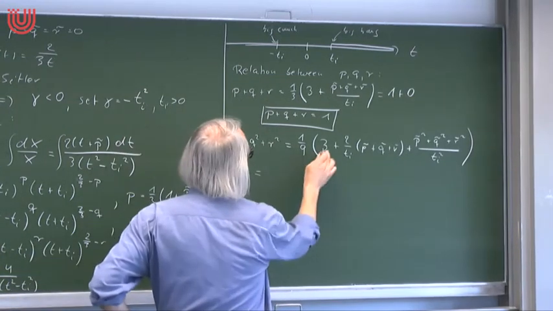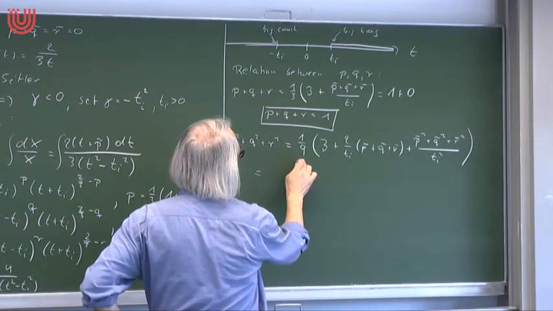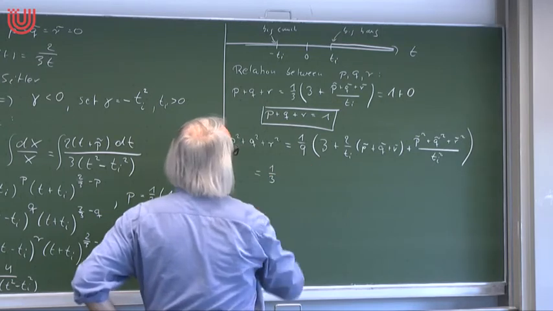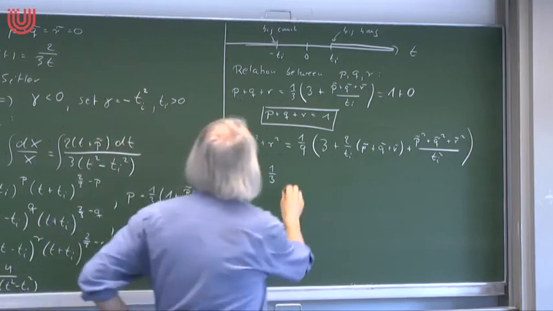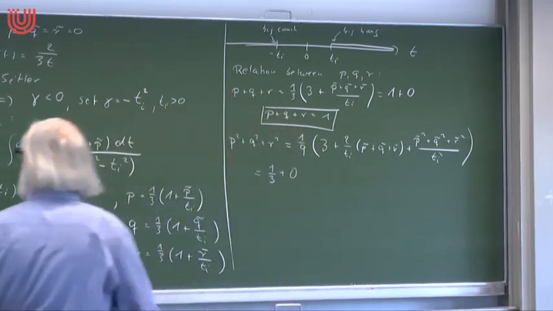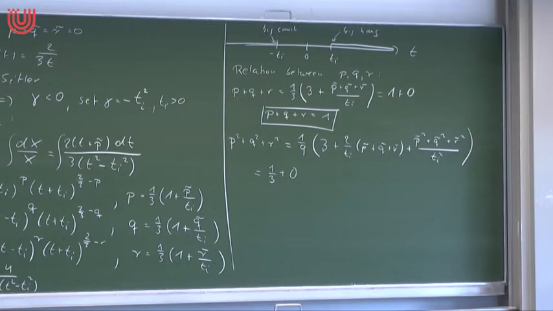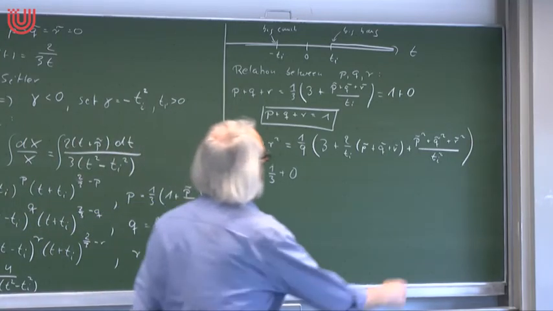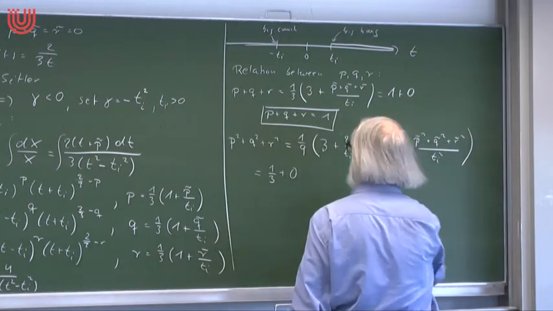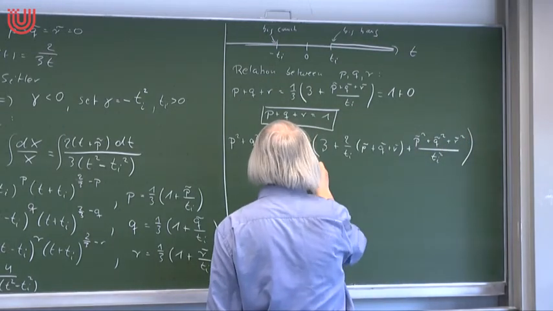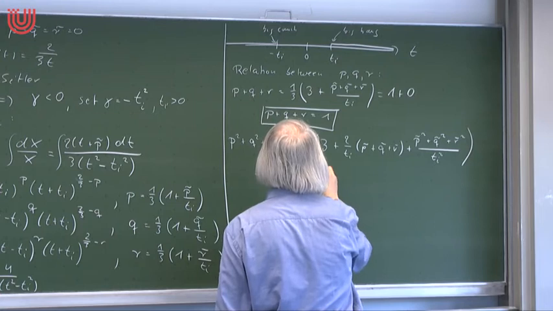What is this? 3/9 is 1/3, right? This is 0. The middle term is 0, yeah, because the sum is 0. And the last term is where the sum is minus 6 gamma, but gamma is minus Ti squared.